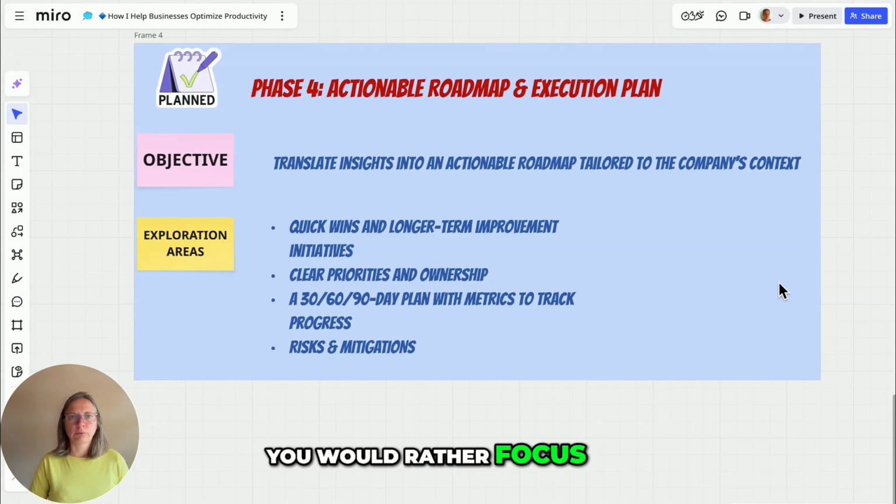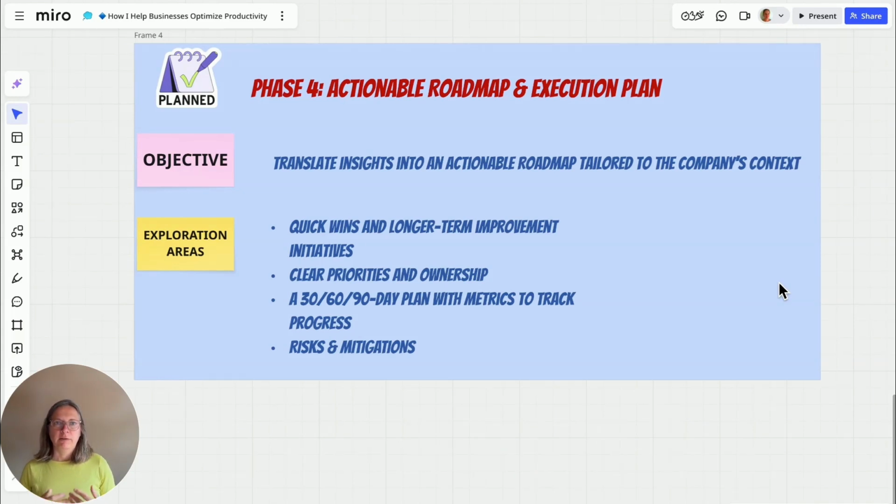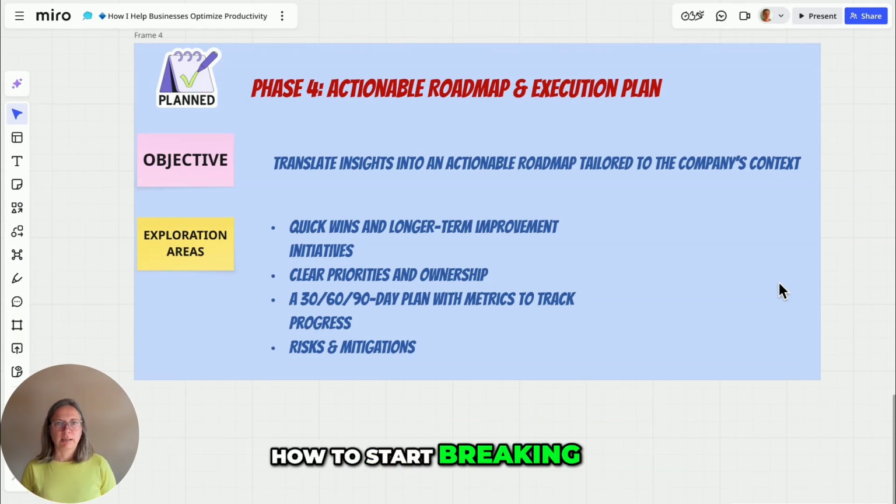You would rather focus on naming and framing what you want to tackle in a particular week, month, or quarter. That's why the most important thing is to define these initiatives, and then after we have completed the roadmap, try to have internal collaboration and conversation with the teams on how to start breaking down these high-level initiatives into an actionable plan.